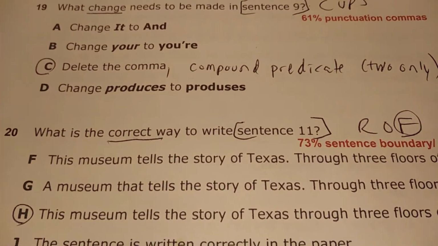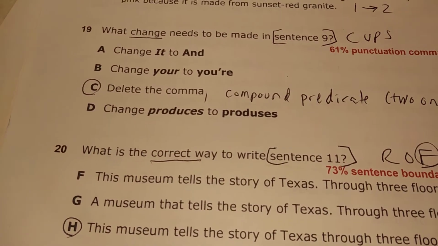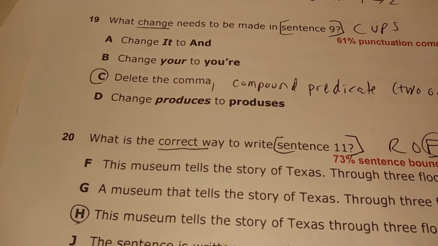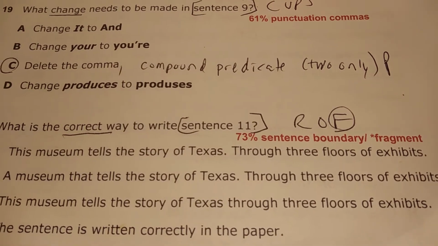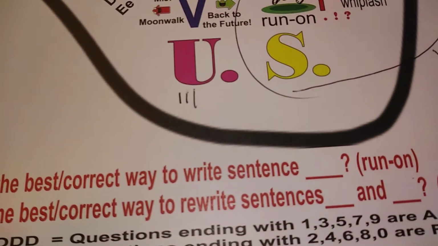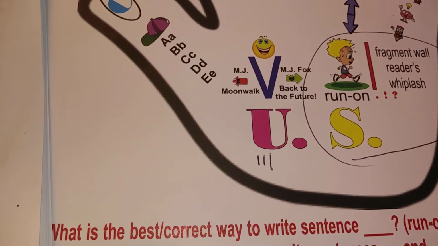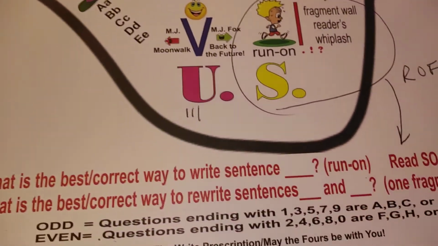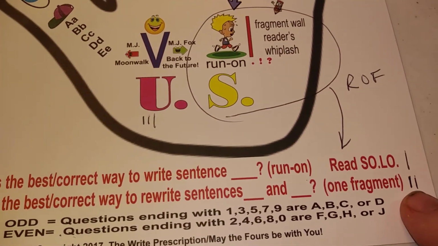Alright, number 20. What is the correct way to write sentence 11? This one, because it says what is the correct way to write sentence, normally it's going to be a run-on, but for this case, they happen to give your kids a fragment. So I'm going to place it on this side instead.